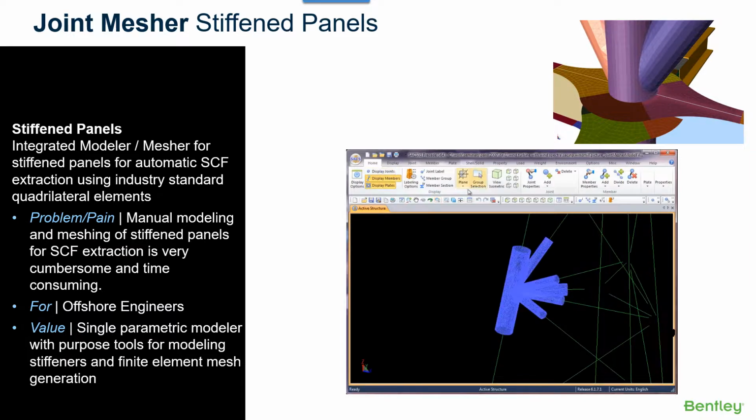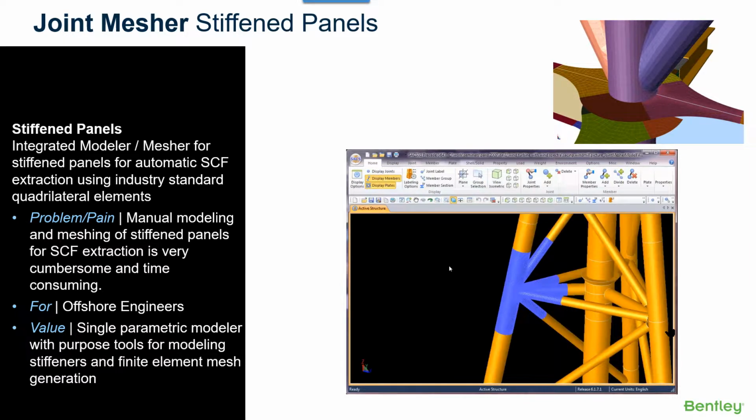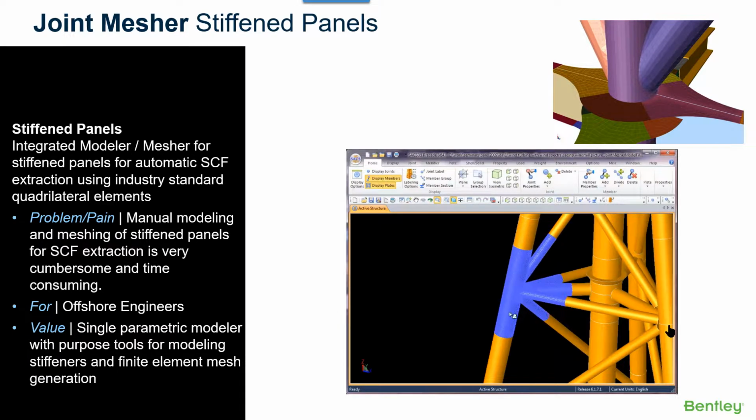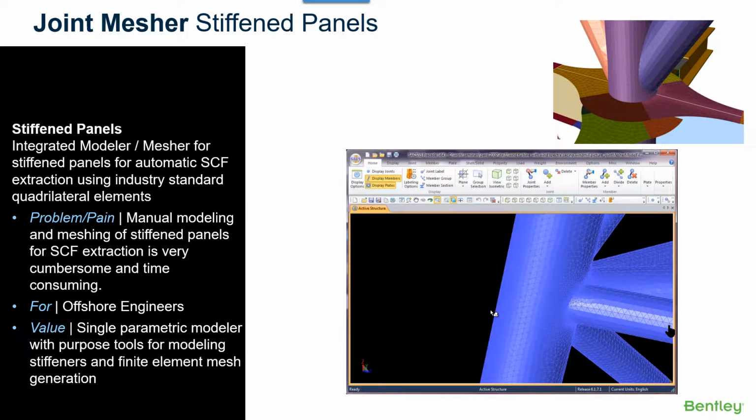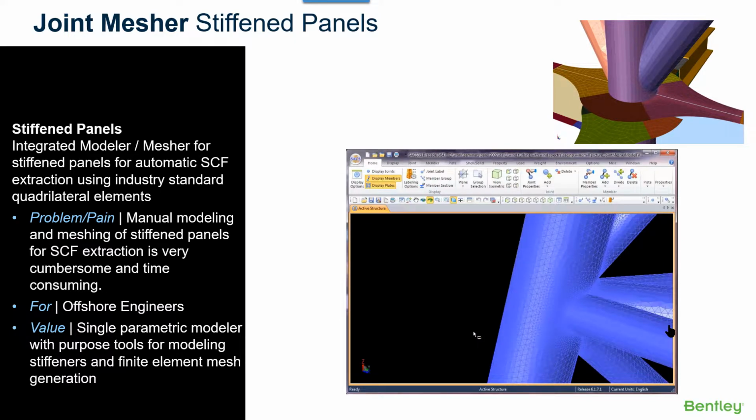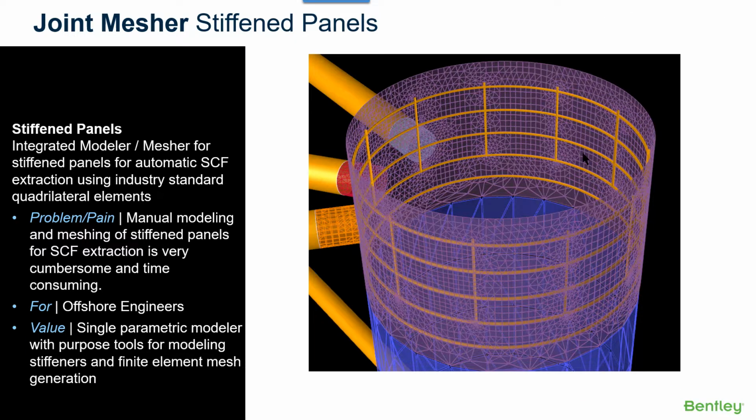For your reference, it has an option to comply with the DNV rule to determine the size of each mesh and export some stress concentration factors for the fatigue check. These are the features we already have, and the update is to create explicit stiffeners for tubulars with Joint Measure.